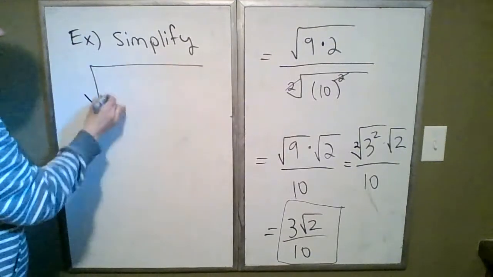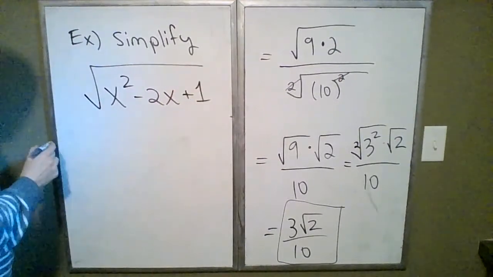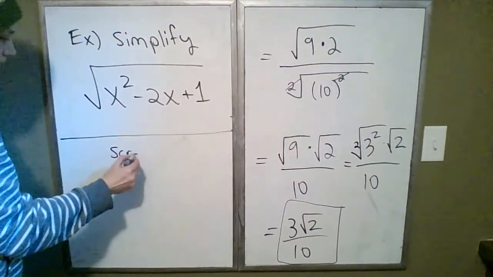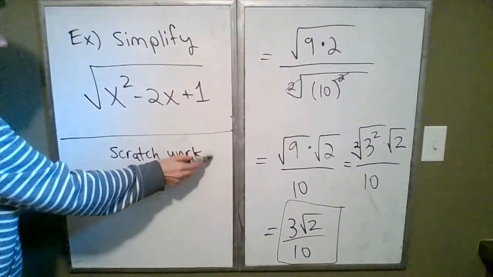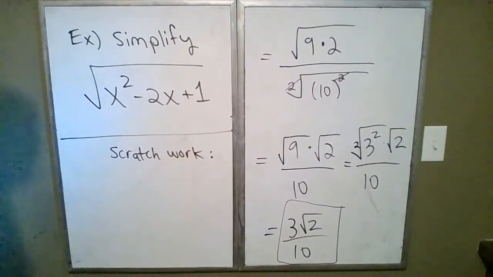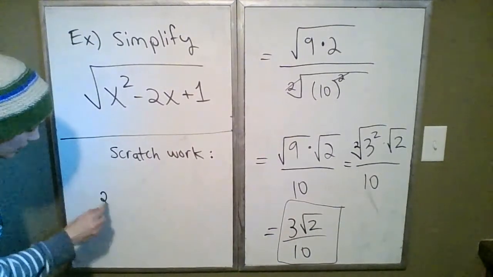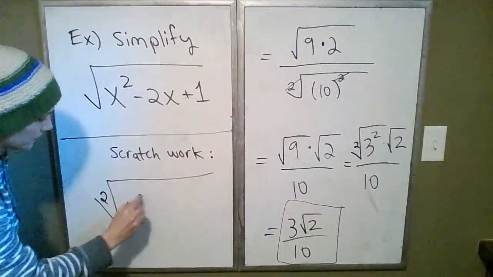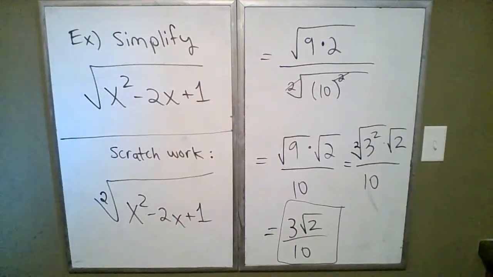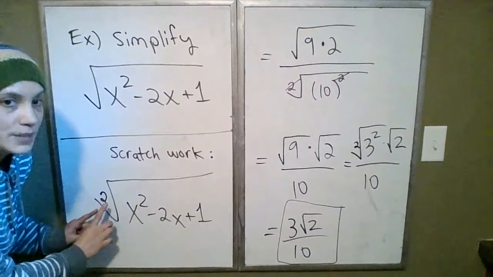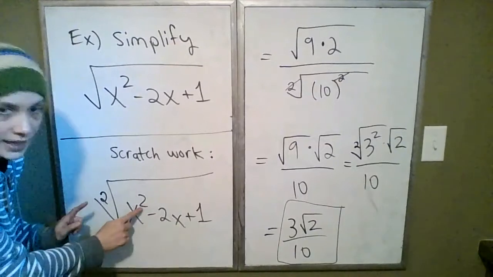Looking at the square root of x squared minus 2x plus 1. Again, you have a square root when there's no number there. It's because of this minus sign right here that you can't cancel that 2 and that 2.